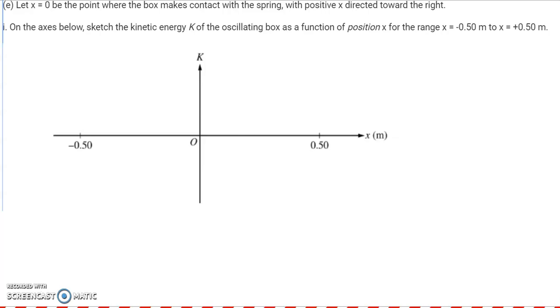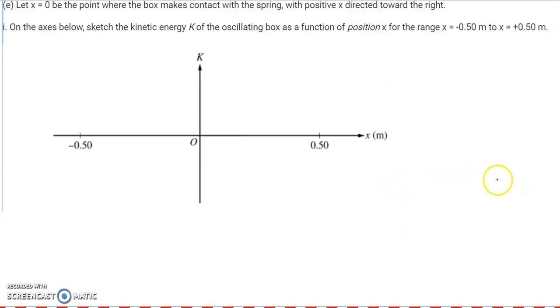Alright, let x equals 0 be the point on the box when the box makes contact with the spring, with positive x direction toward the right. On the axis below, sketch the kinetic energy of the oscillating box as a function of the position.